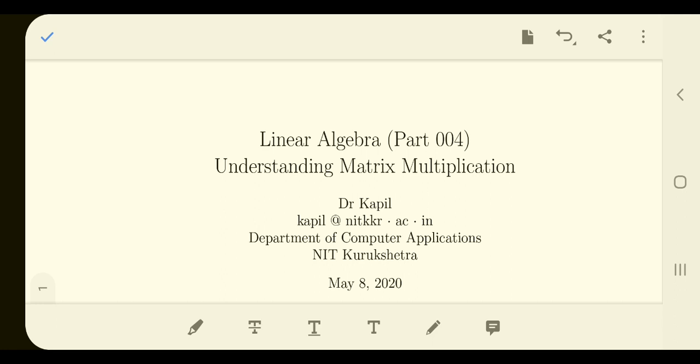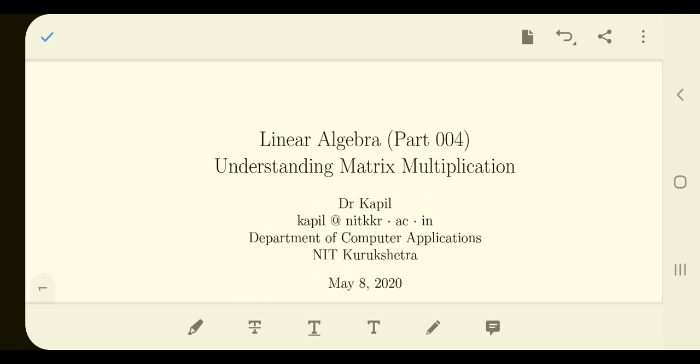Now, once we understand matrix multiplication, we want to see where it can be utilized in the Gauss elimination process. Just to give you a hint that matrix multiplication is important in solving the system of linear equations, remember that in part 2, we arrived at a matrix equation from the system of linear equations.